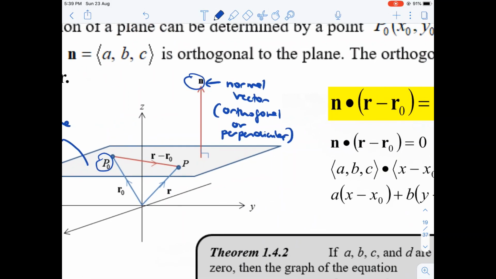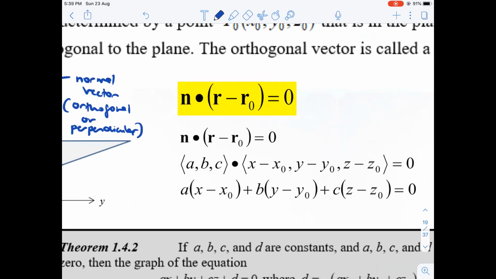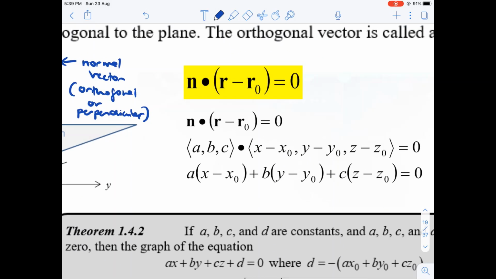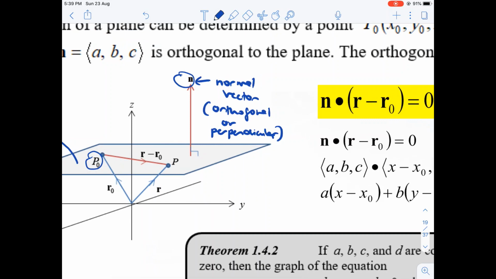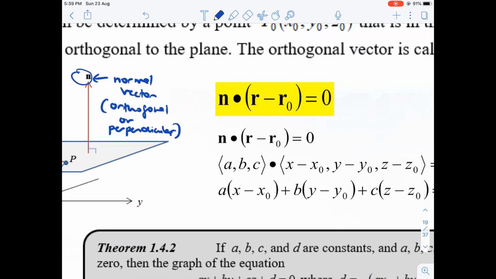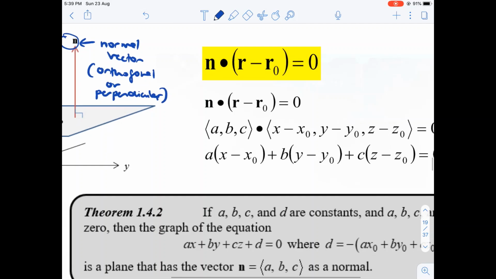So this is the formula: n dot product with r minus r naught equals 0, because of the concept that a perpendicular vector dot product with a parallel vector gives 0.